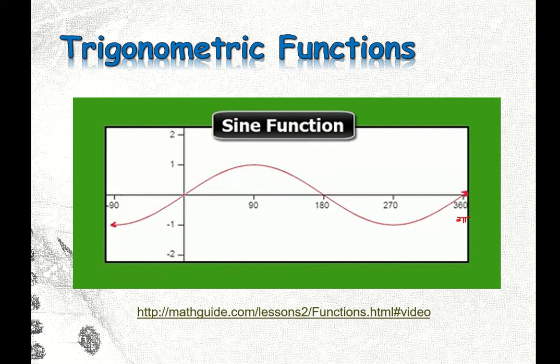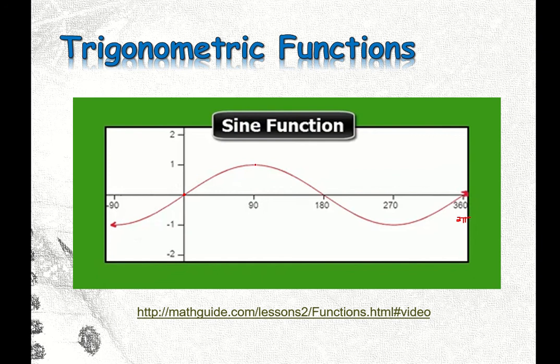Note that the graph starts at 0, 0, meaning at the origin. Then it rises up to this point at 90 degrees, or a quarter of the cycle. We call it one cycle.